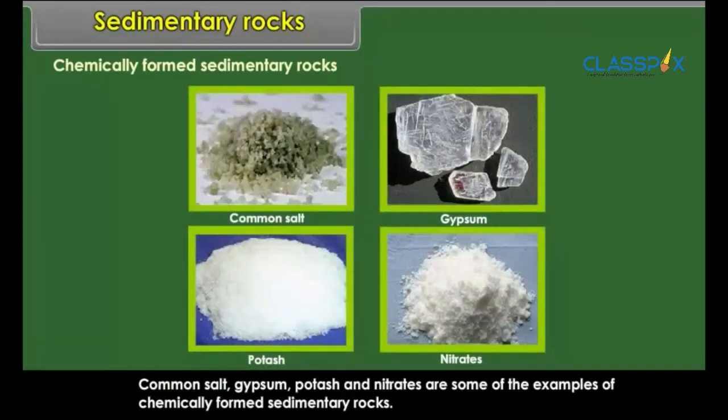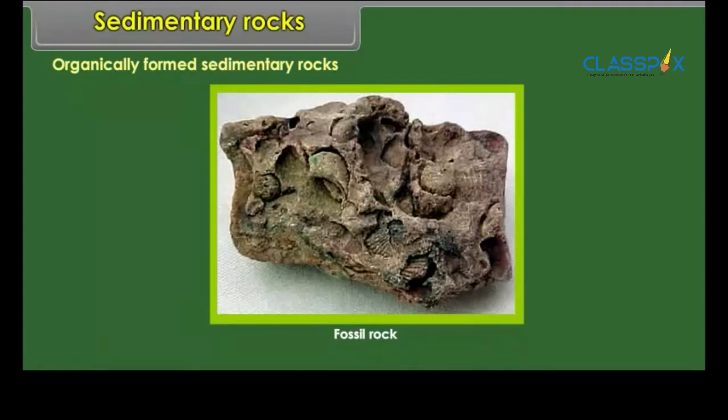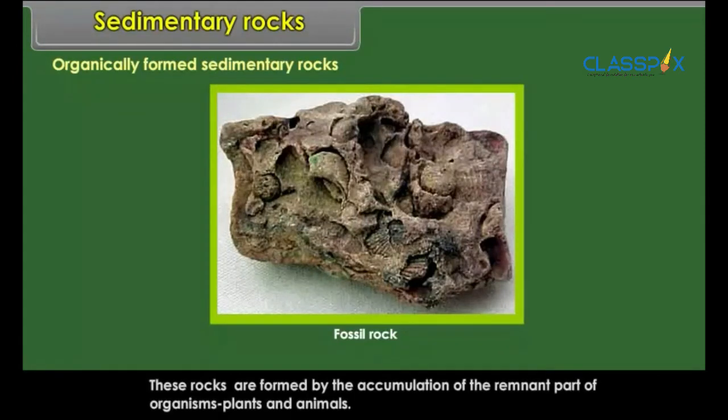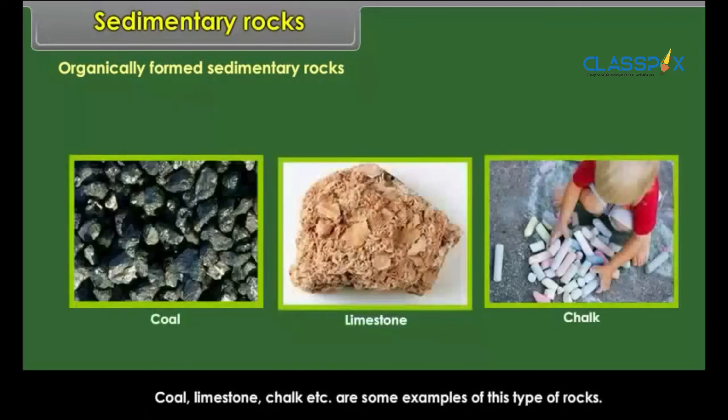Common salt, gypsum, and nitrates are some examples of chemically formed sedimentary rocks. Organically formed sedimentary rocks. These rocks are formed by the accumulation of the remnant parts of organisms, plants and animals. Coal, limestone, chalk, etc. are some examples of this type of rocks.